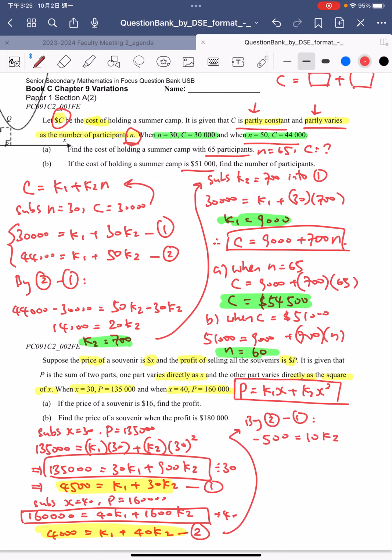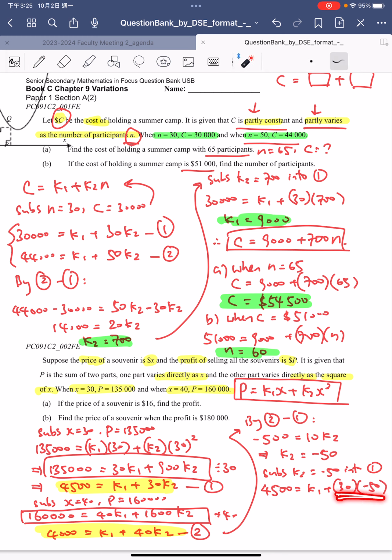Then we have 10K2 equal to negative 500, which means K2 is going to be 500 divided by 10, but in negative. So now we have negative 50 for K2. Then we can substitute K2 equal to negative 50 into either equation, maybe into the first equation. Then we have 4,500 equal to K1 plus 30 times negative 50.